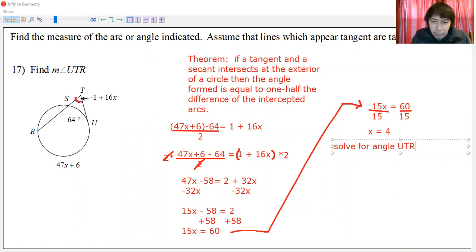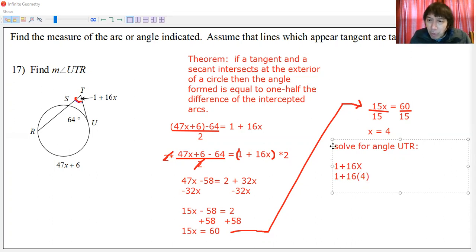All right, so the angle UTR is expressed as 1 plus 16x. This is equivalent to 1 plus 16 times x, but our x is 4. There.